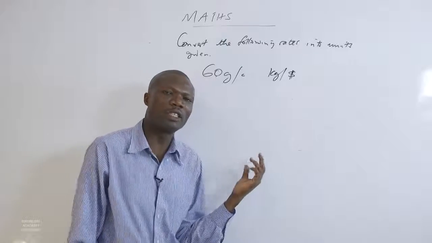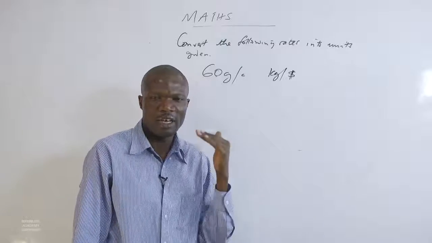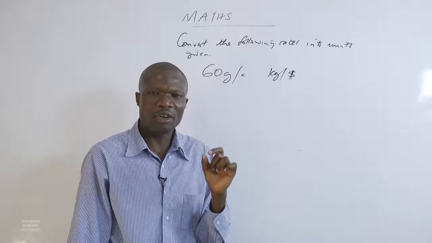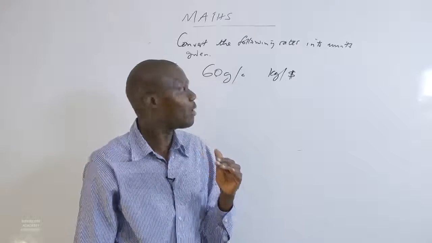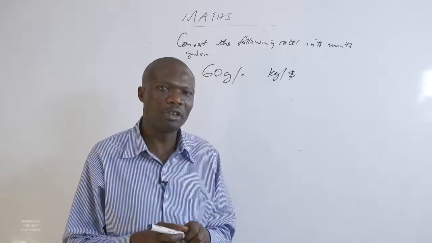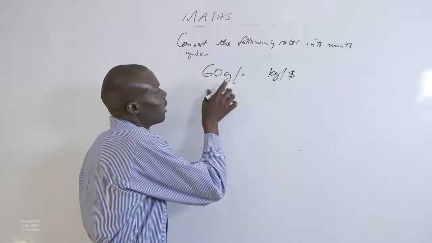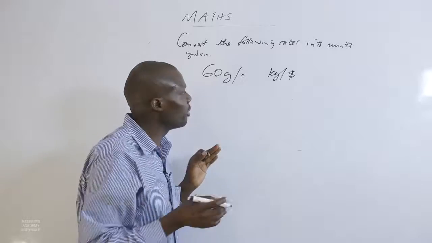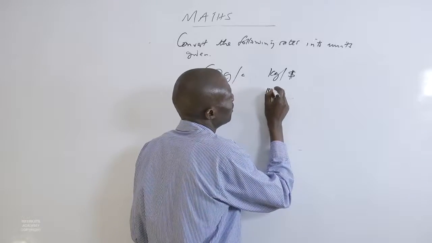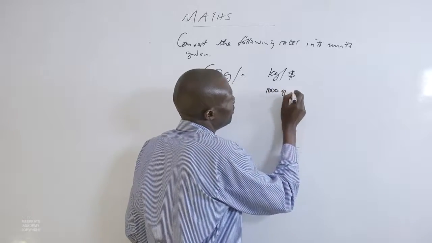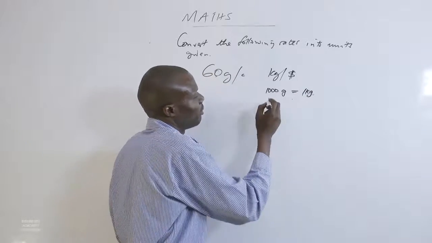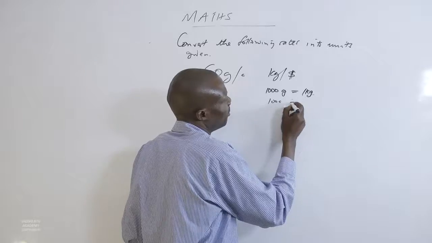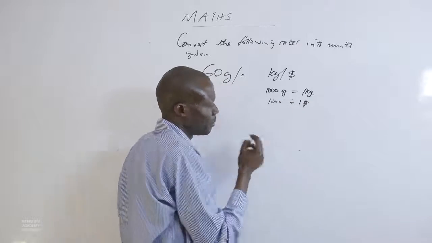Before we proceed with this, let us have the knowledge of handling decimals and fractions easily. So in this case, we need the relationship between grams and kilograms, and we know that 1,000 grams makes 1 kilogram, and 100 cents makes $1.